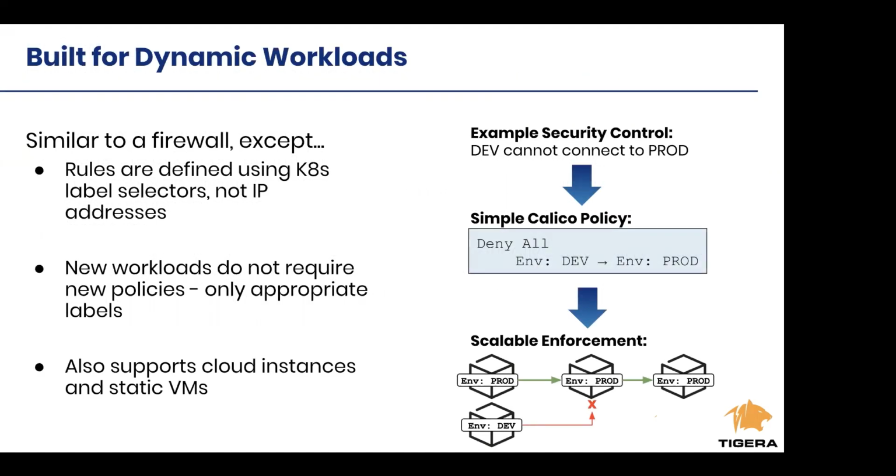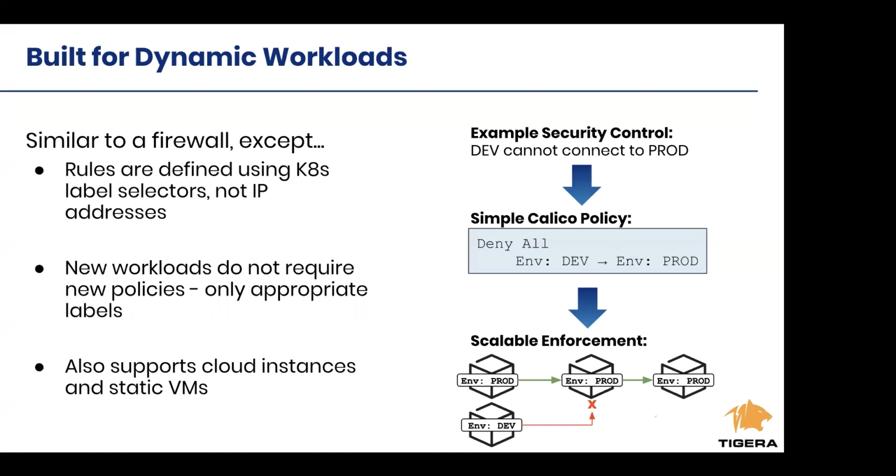So Calico Policy is built for dynamic workloads. It's applicable today. You probably are familiar with it inside of Kubernetes. We provide the network connectivity, but we also do the network policy enforcement in a very scalable manner. Calico Network Policy is very similar to a firewall, except that instead of segmenting traffic between the instances or VMs by IP, we're going to do it by label selectors.